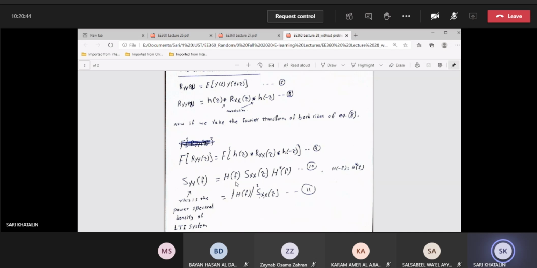Now we can multiply this one by this one. If the transfer function here has j, this one has minus j, so j times minus j will be equal to 1. So we cancel the j's from both sides and multiply h of f times its conjugate, so we take just the absolute value squared.